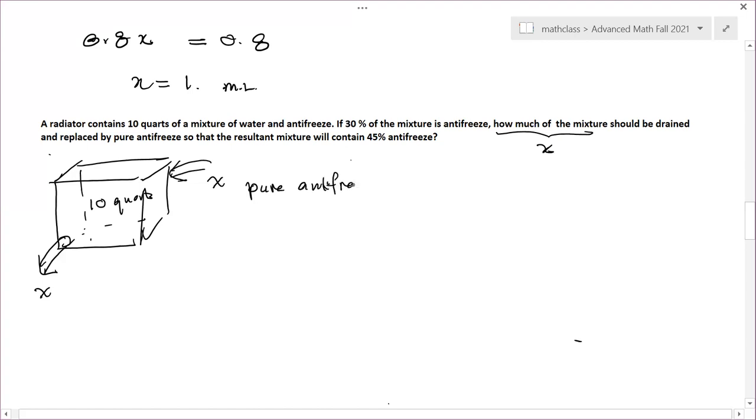Understand? Then imagine the original antifreeze is at 30% concentration. That is drained out, then you replace it with pure antifreeze, so you increase the concentration from 30% to 45%.